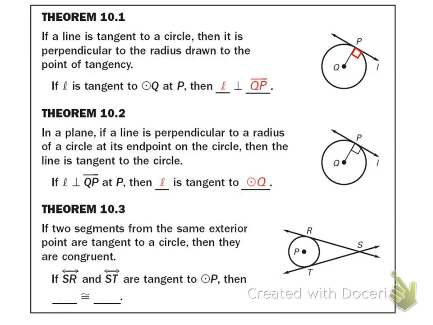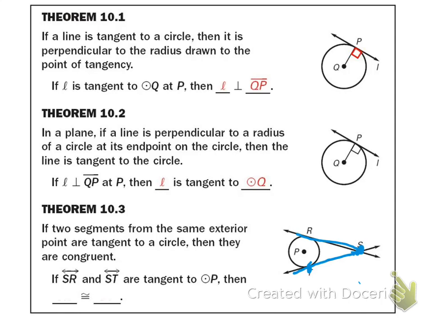The last theorem says that if you have two segments from the same exterior point, and they're both tangent to the circle, so you got to have two segments. They have to come from the same exterior point, and both of those segments have to be tangent to your circle to use this theorem.